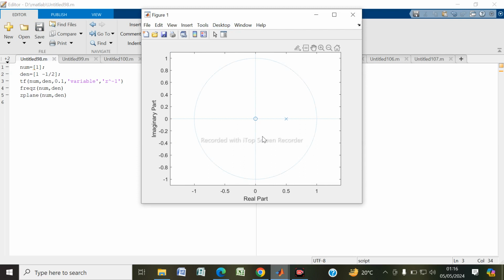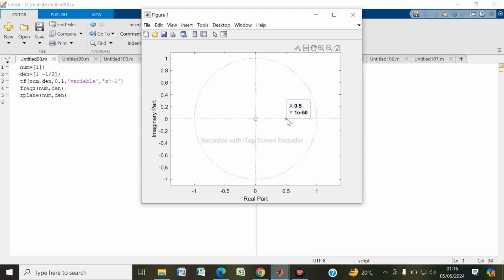it clearly states that a zero is at x equal to 0, and at 0.5 a pole exists.